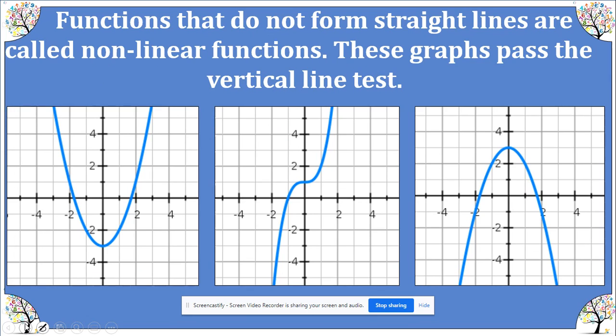Here are some graphs of functions that are nonlinear. They do not have a straight line. They have curves. They do pass the vertical line test in our functions, but they're nonlinear functions. We have a quadratic, we have a cubic, and we have another quadratic.